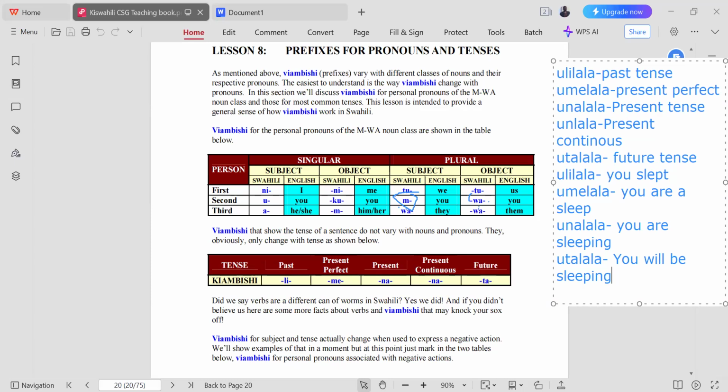The pronoun in the plural aspect will be tunalala, mnalala, or wanalala. It can be mnalala, tulilala, tunalala, tutalala, or tumelala. You can put any prefix you want in the first pronoun. So if you want to say I slept, it will be nililala. Yeah, nililala. I slept.